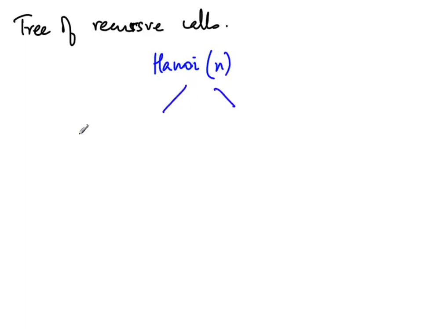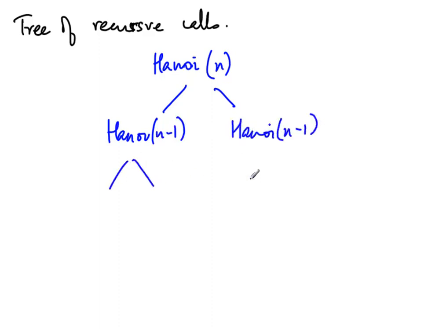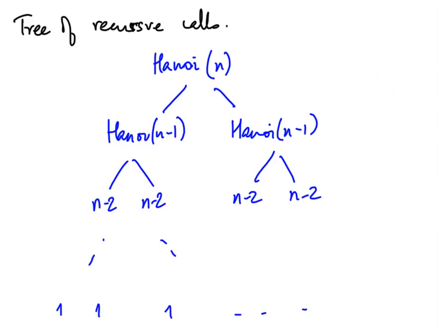It is going to call Hanoi of n minus 1 twice because it has to do this twice. And each of these in turn is going to call Hanoi of n minus 2 twice. Right? And this is going to go all the way down until we reach a call to Hanoi of 1 at the leaf. So we have now a complete binary tree whose height is n.